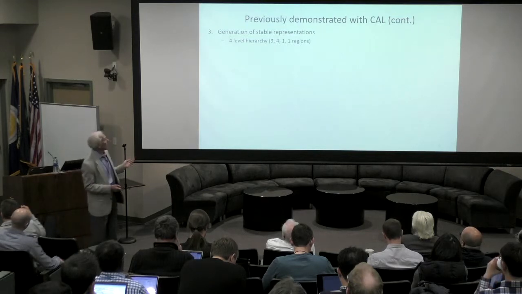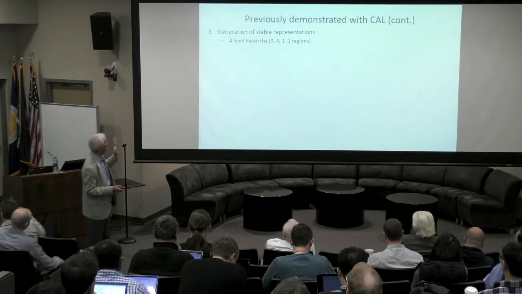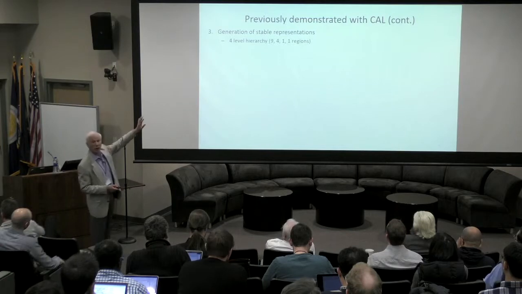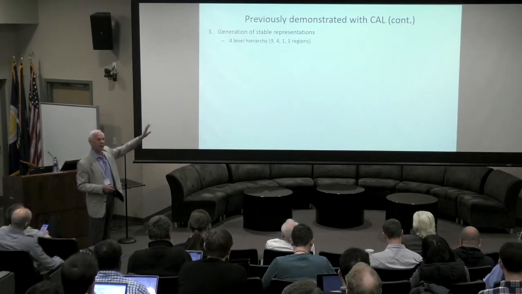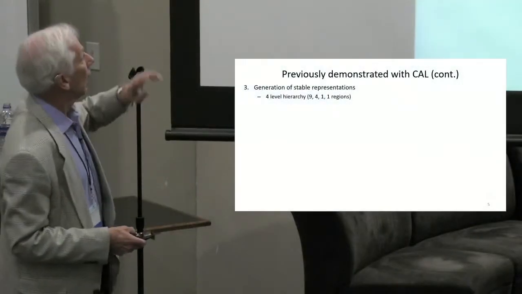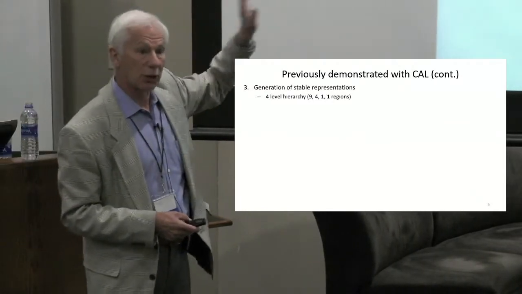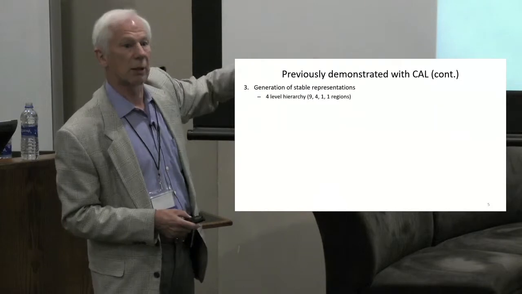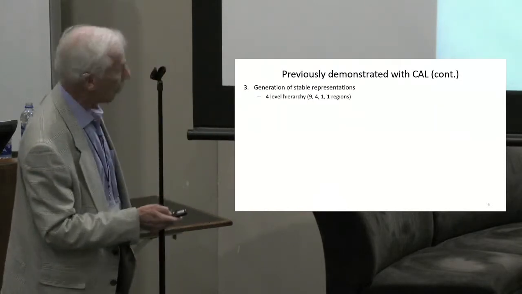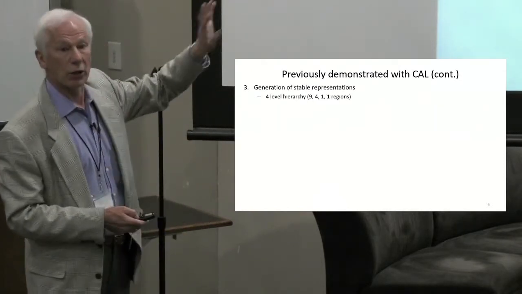I ran out of time last year to tell you this, but this is a very important aspect. Out of that algorithm, stable representations are spontaneously generated. So it's an emergent property of the network. And this also is an illustration of scaling.